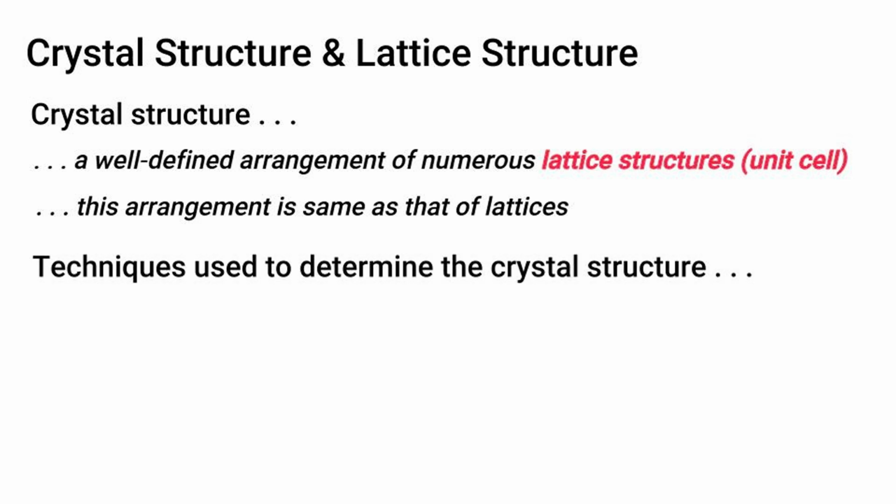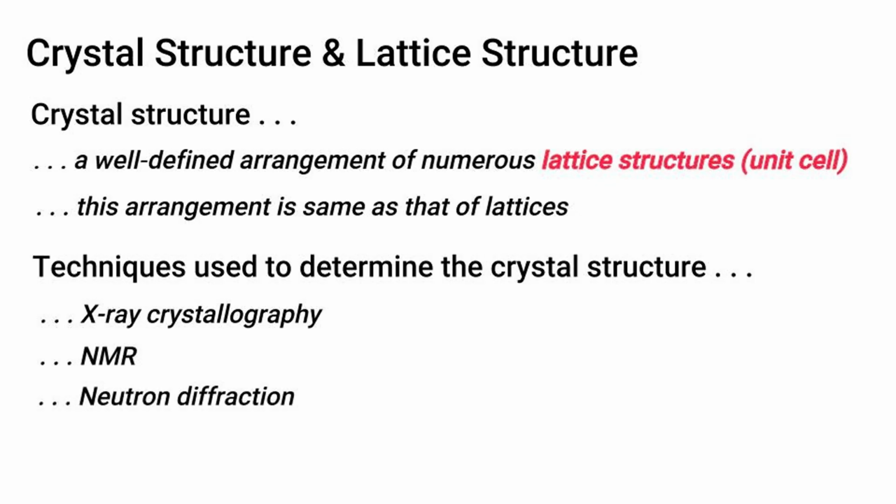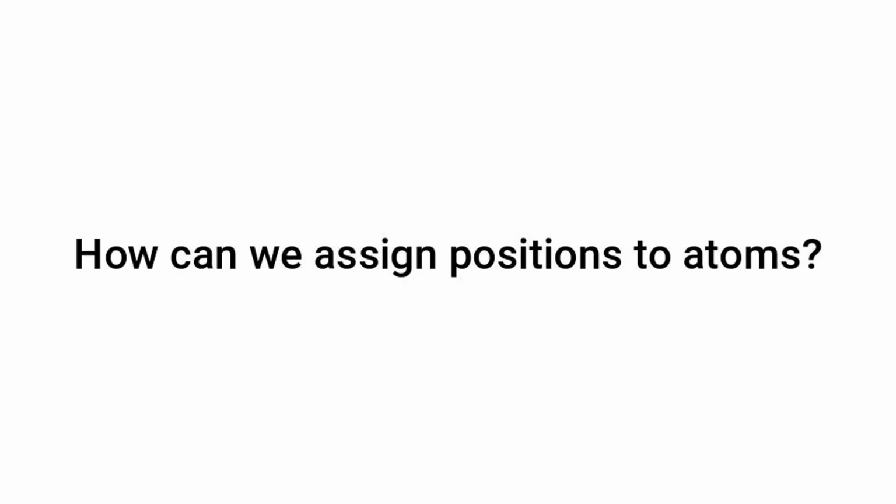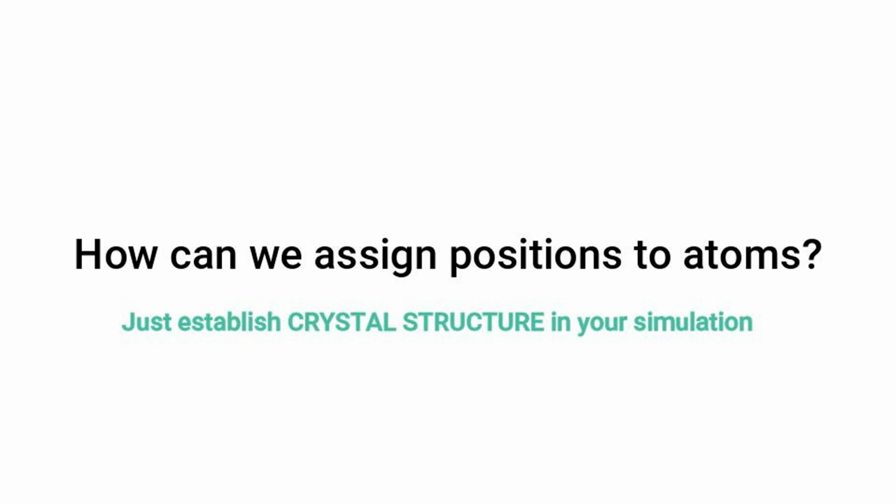Famous techniques such as X-ray crystallography, NMR, neutron diffraction and electron diffraction allow us to determine the crystal structure as well as the lattice structure. Using this information, one can easily determine the location of atoms in space. Therefore, to place atoms in space, we need to essentially begin by establishing the crystal lattice or crystal structure in space.